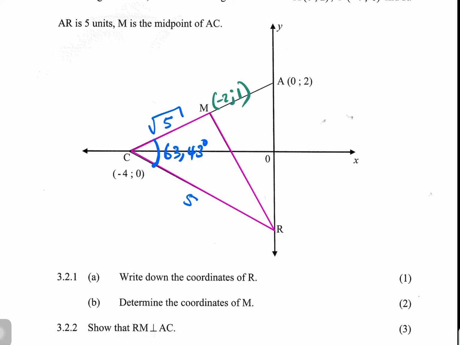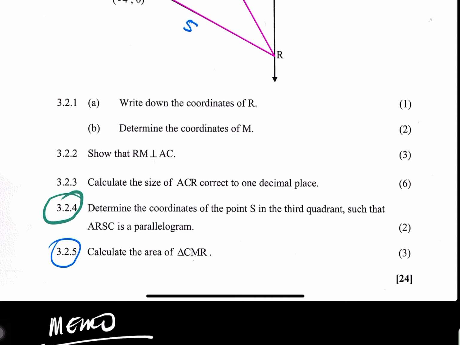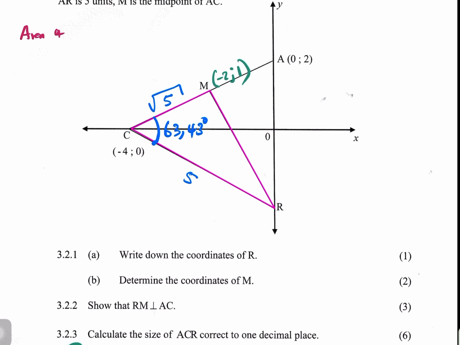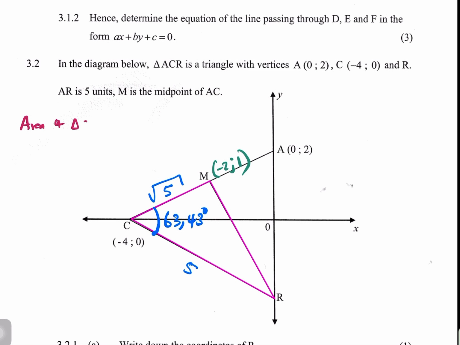So the area of triangle CMR, how do you do that?